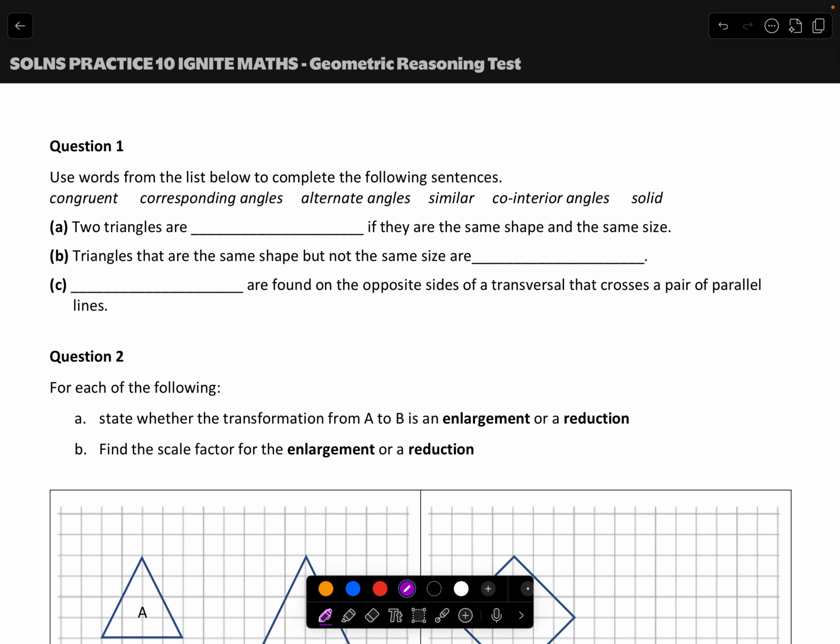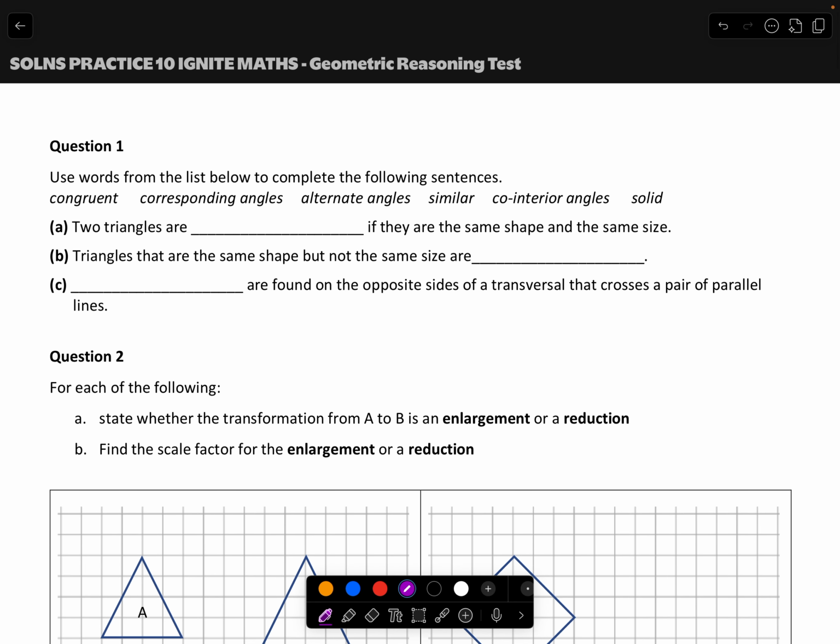And therefore, angle PAB, so this last one here, is equal to angle PQR because angles in a triangle equal 180 degrees. We've already proven that these two angles are the same in both triangles, therefore the remaining angle is the same.